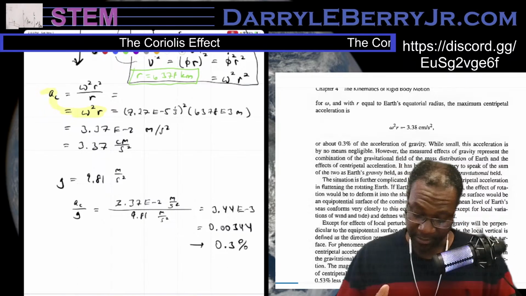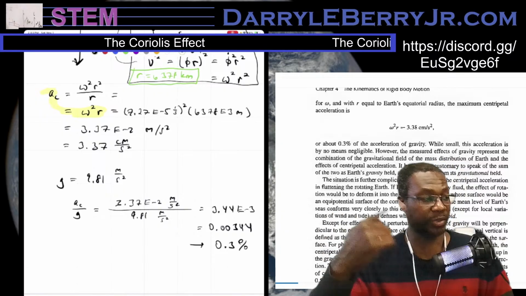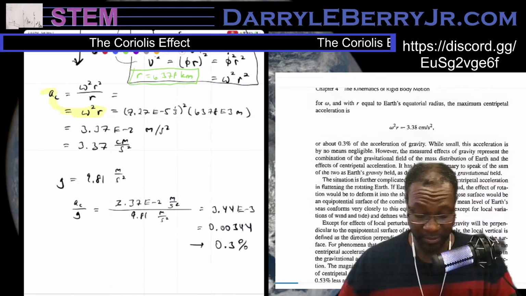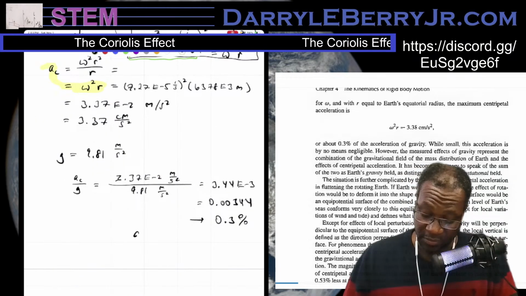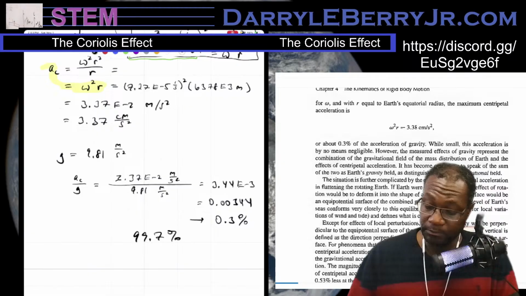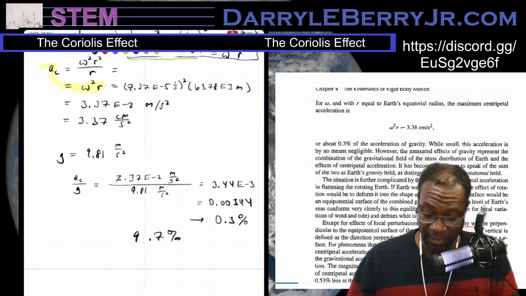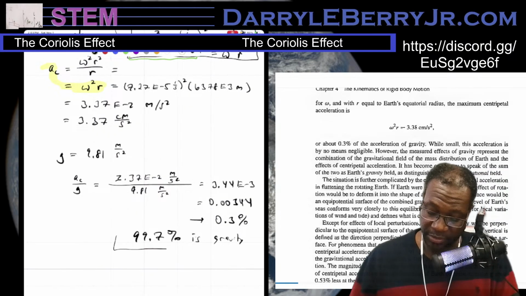So that's how they got that the centripetal acceleration that we feel due to the rotation of the Earth is only 0.3% of gravity. So that's a very small percent of gravity. So gravity is still 99.7% of what we experience as we stand on the surface of the Earth, as far as centripetal acceleration.